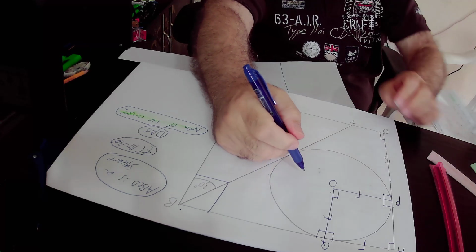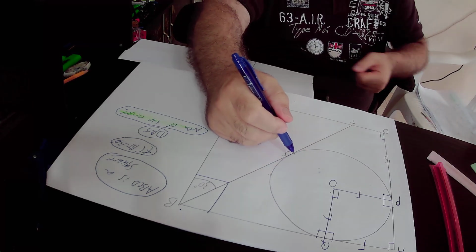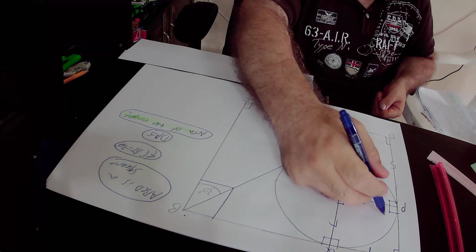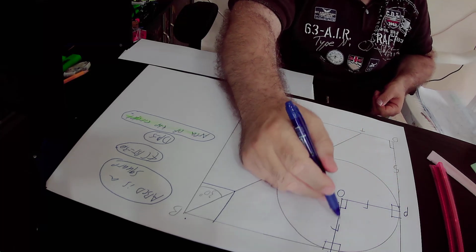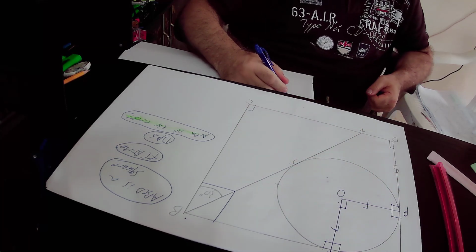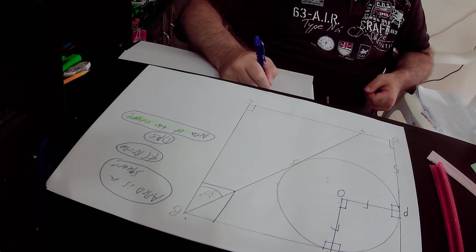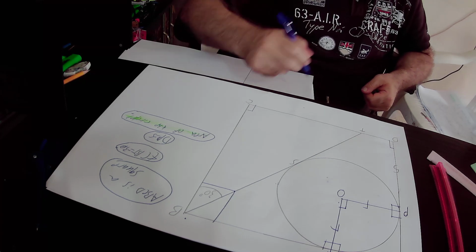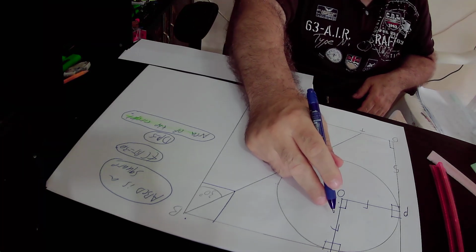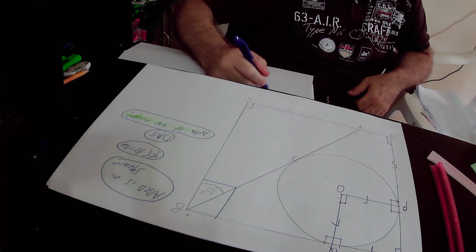Likewise, according to the same rule that the opposite sides of a rectangle are equal to each other, we get that AP equals QO. But we already found out that QO equals R. It is the radius of the circle.